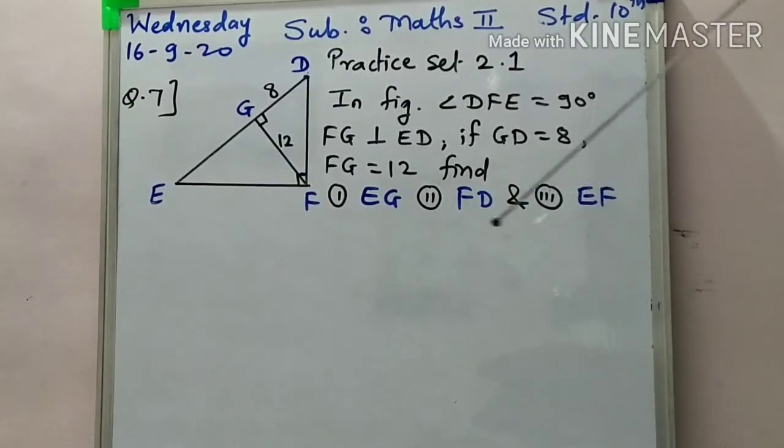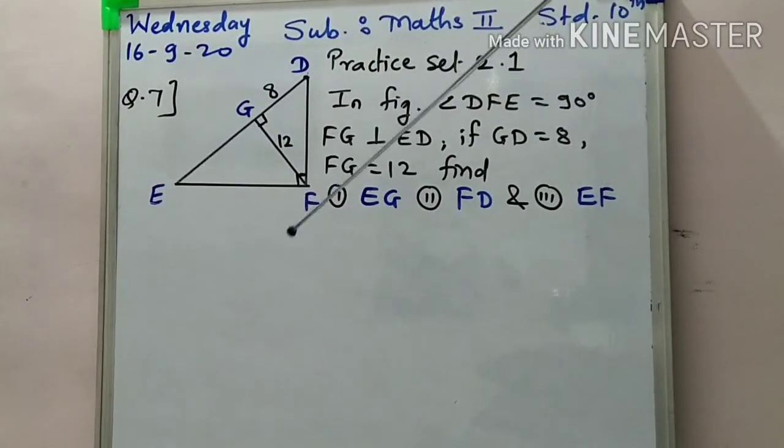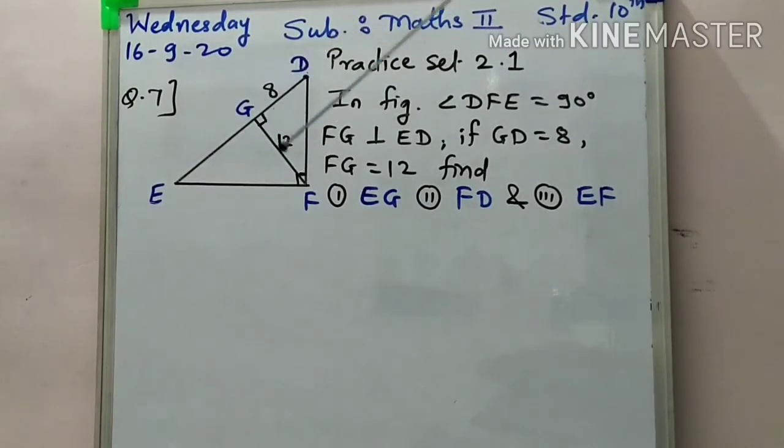What we notice here, students, is that we have a right angle triangle DFE, where angle DFE is 90 degree, and we are also given a perpendicular FG on ED, means on the hypotenuse.